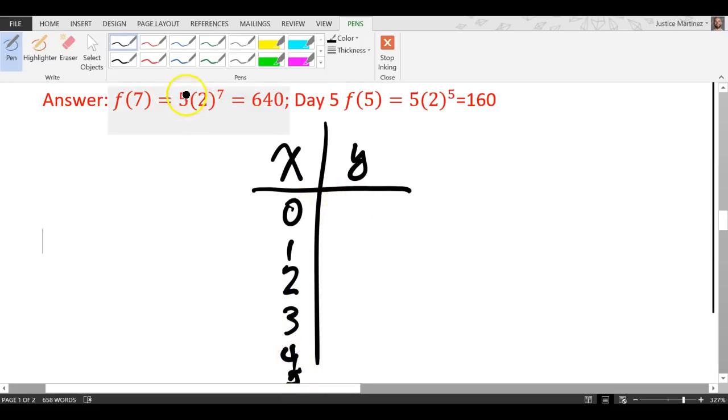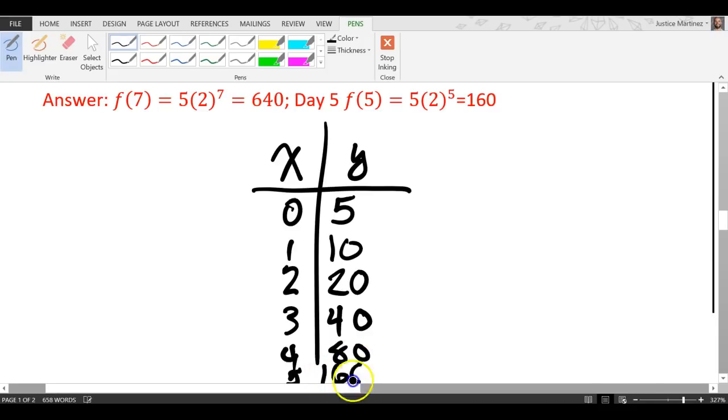So I would start off with, at 0, it's 5 because 2 to the 0th power is 1 times 5 is 5. Then 10, 20, 40, 80, and 160, meaning on the 5th day, more than 100 people have heard it. And on the 7th day, 640 people have heard the rumor.